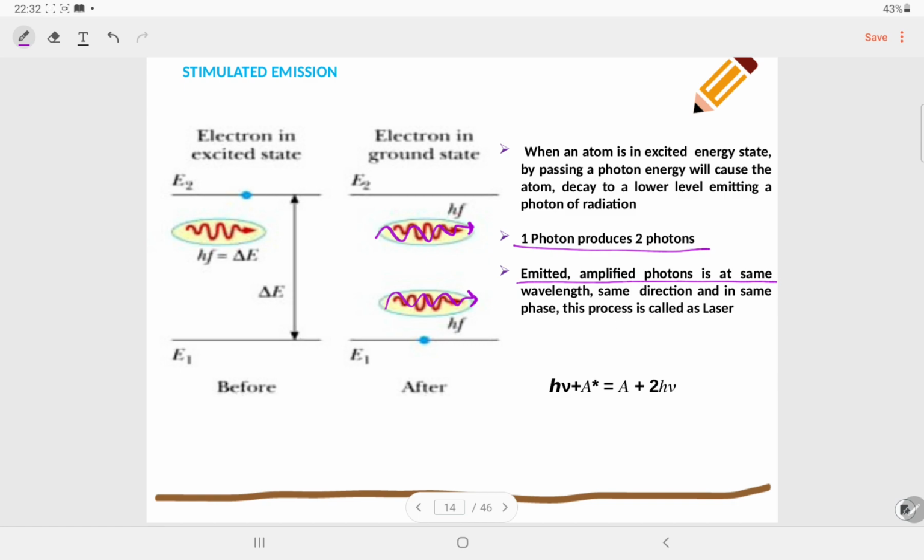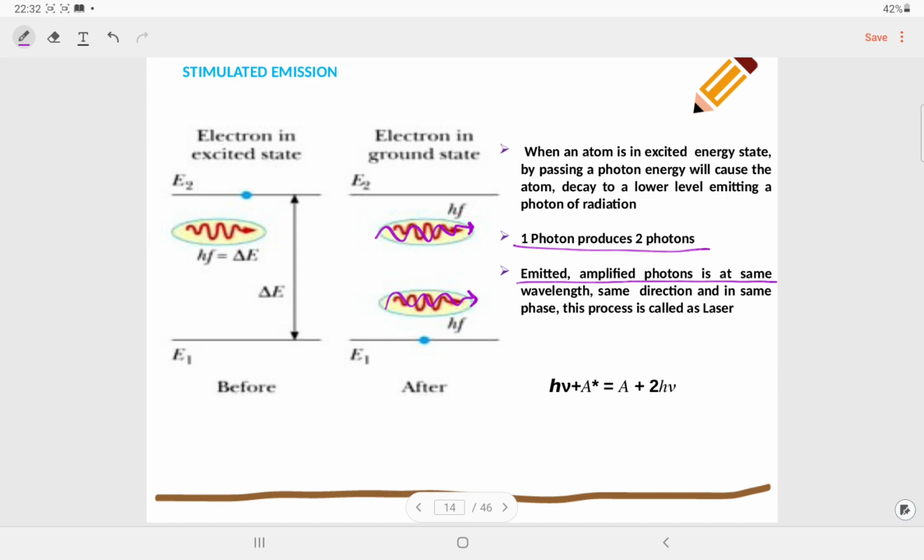So why is stimulated emission responsible for lasing action? The photons we get give very high intensity, because constructive interference happens between these two photons. These two photons again interact with another two atoms, and ultimately you get four photons. These four photons again interact with four atoms, and ultimately you get eight photons.